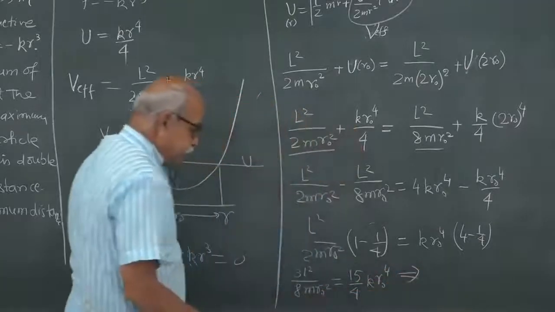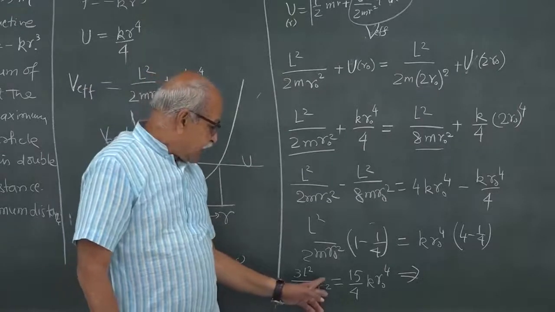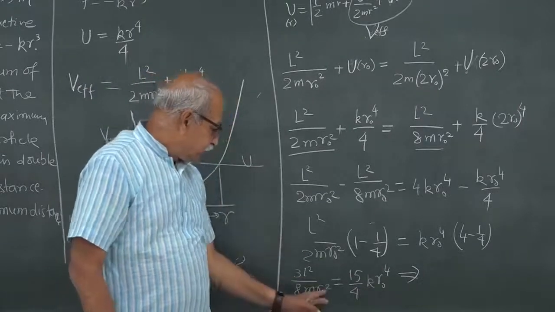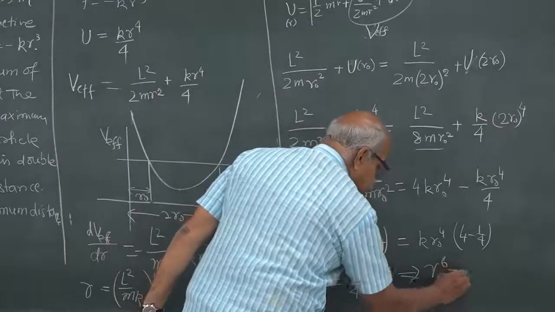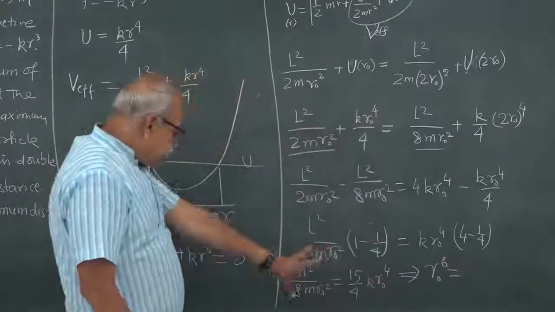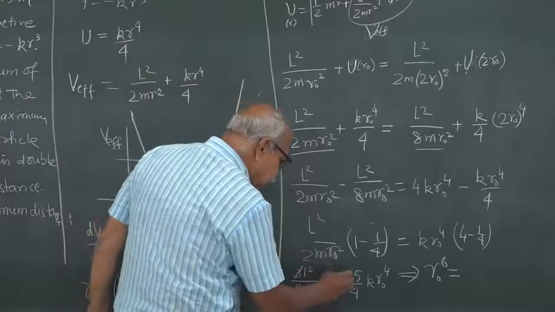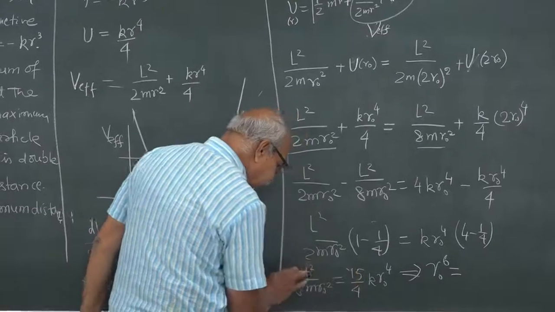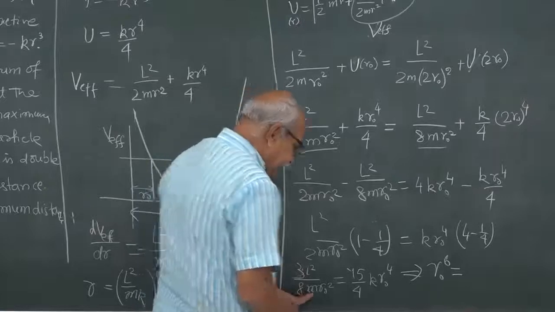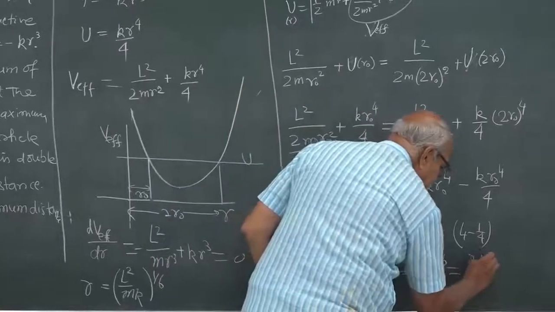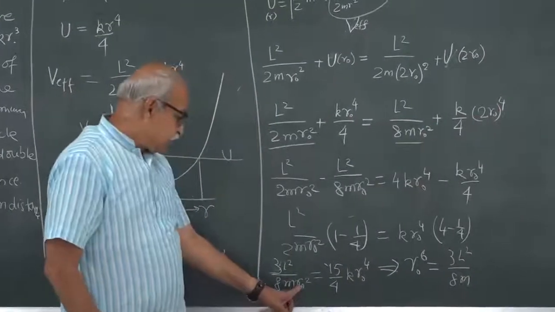That gives you, let us take this r naught square on this side. So, this will become r naught to the power 6, r naught to the power 6 equal to, and everything rest will be on the other side. So, 3 L square by 8 m. From this side I had taken this r naught square there.